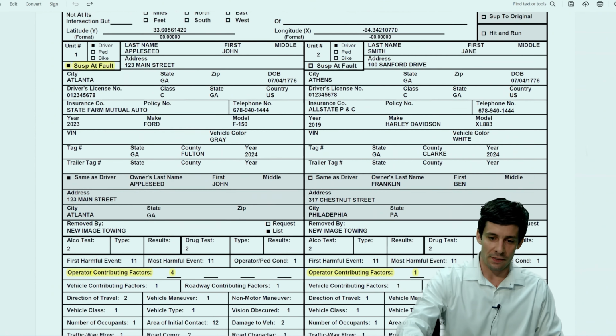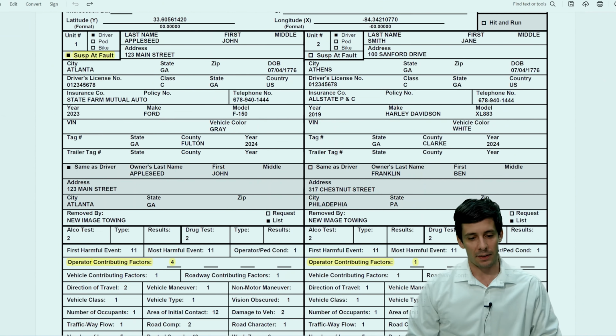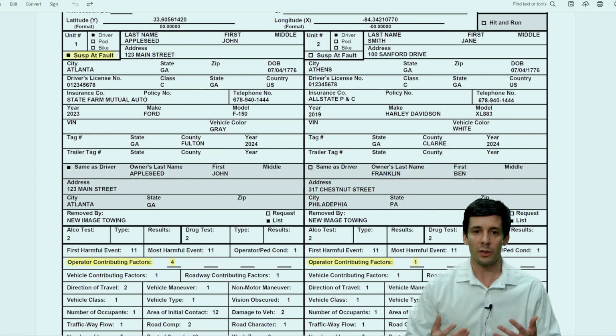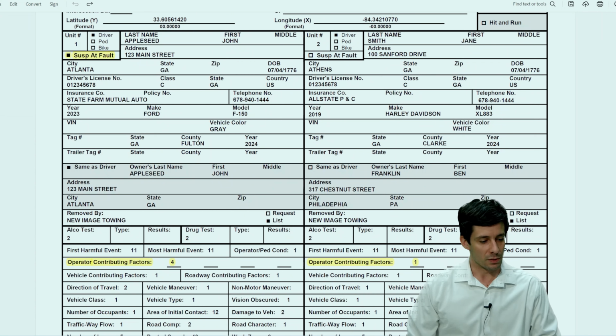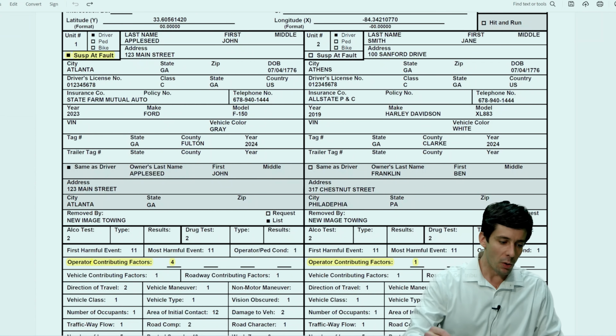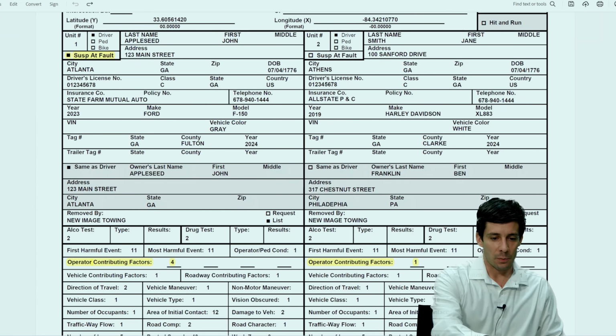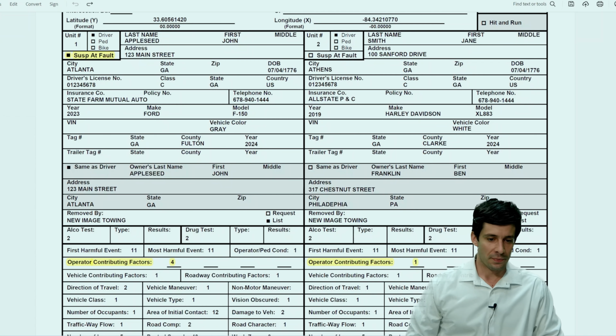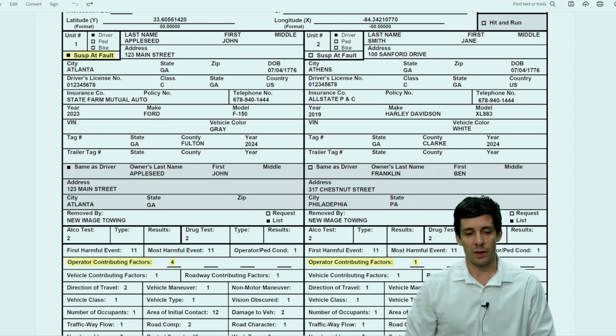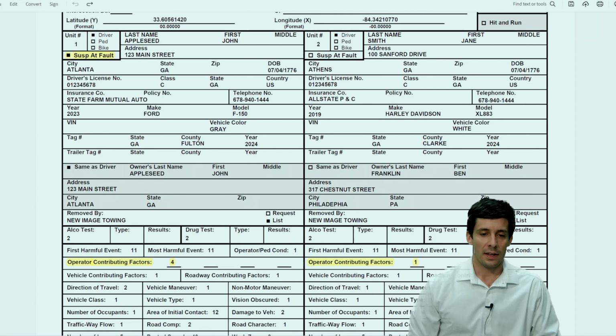But you can see I've highlighted a few things here, and that's one of the first things that we look to make sure that we have the correct party in terms of who is at fault. So most times, not always, there'll be this box checked, the highlighted suspected at fault. That is what it sounds like. It's who the officer determines to have been at fault.